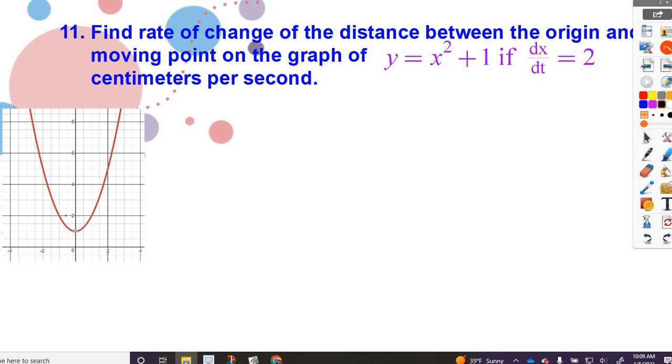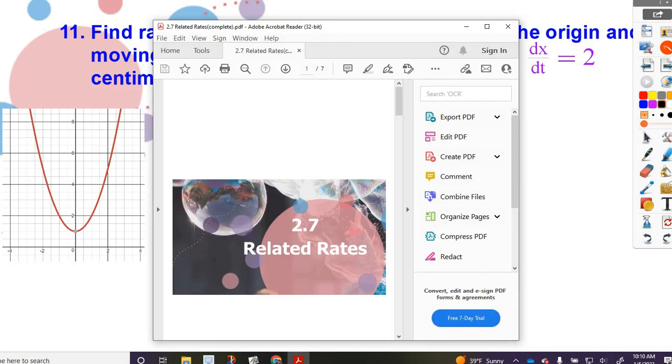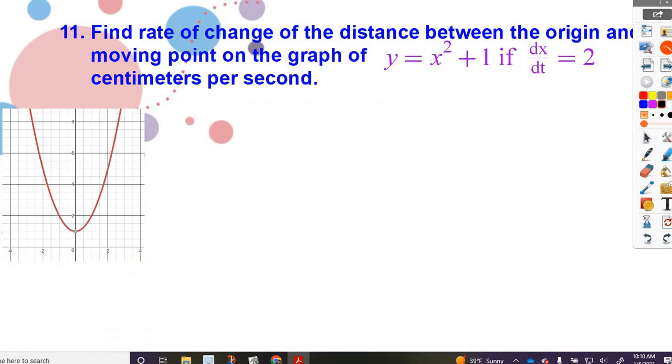Yes, write out our givens and unknowns. So what do they give us? Okay, well, that's nice. It's already nice and labeled for us. We don't even have to figure it out. They give us the equation.